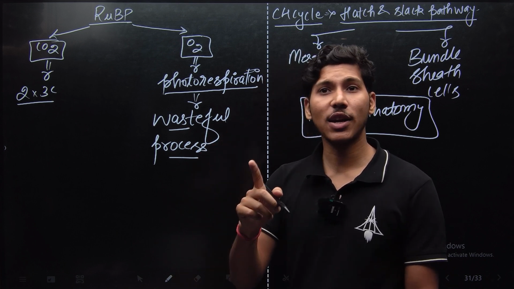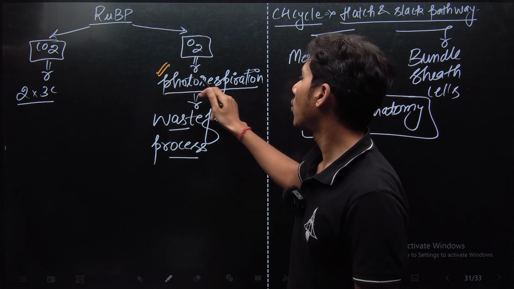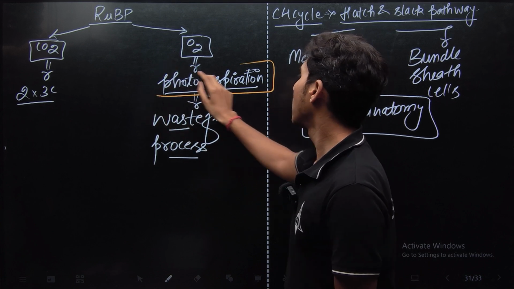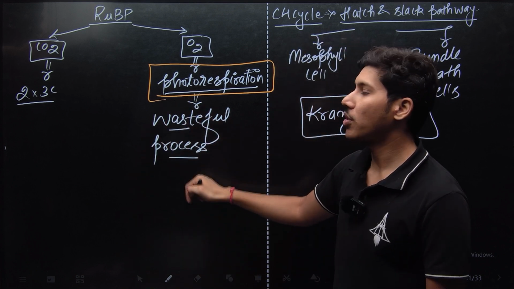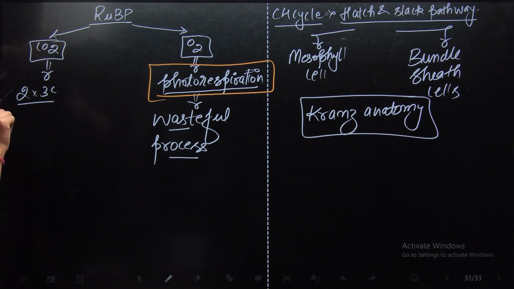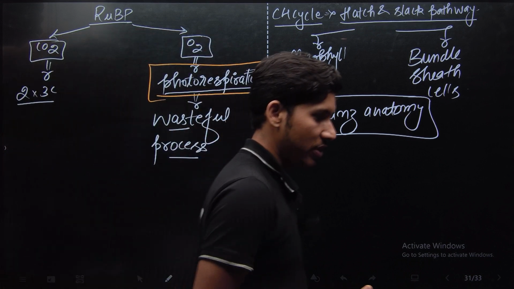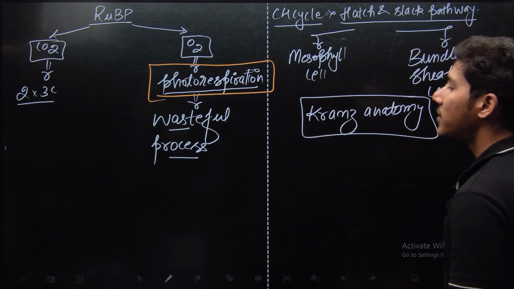This phosphoglycolate enters a chain of reactions known as photorespiration, and it's a wasteful process which does not produce any glucose molecule, rather it uses ATP and NADPH, which are high energy molecules. So that is a bad thing about the C3 cycle.